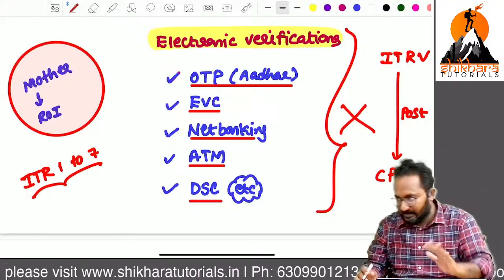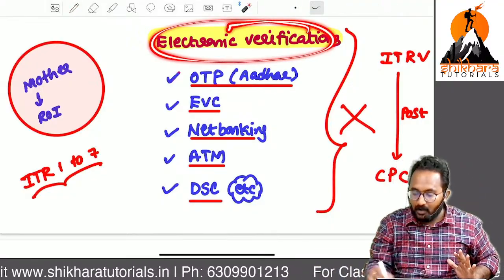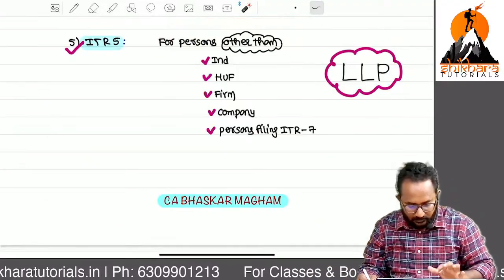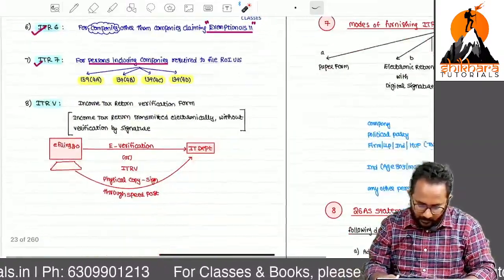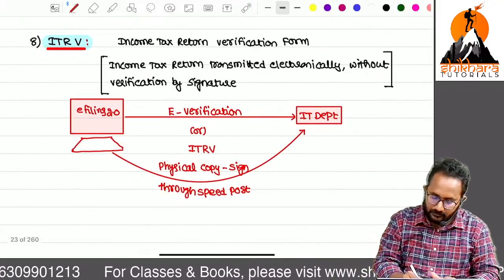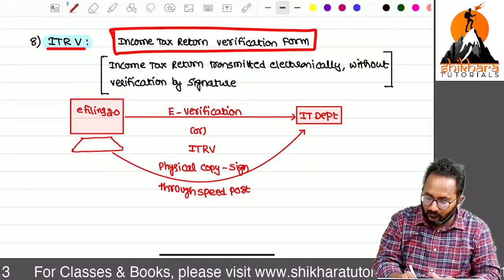It is an income declaration form. Verification you can do electronically also, or you can go with ITR V. So this is only that, ma. You can check here. ITR V. Income tax return verification form.